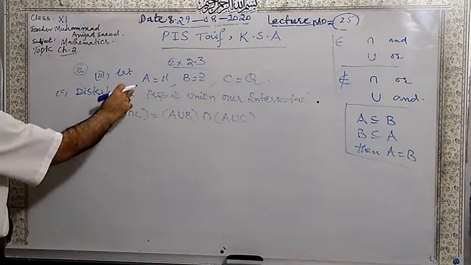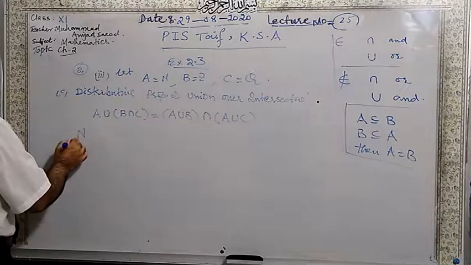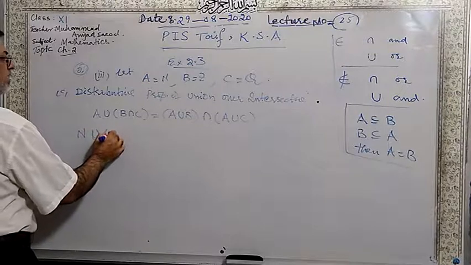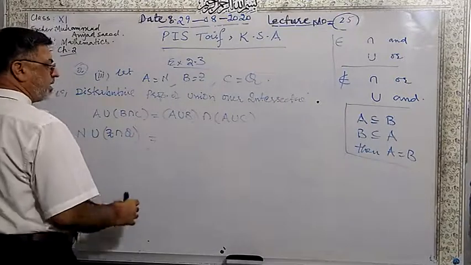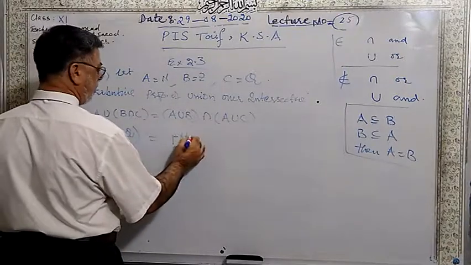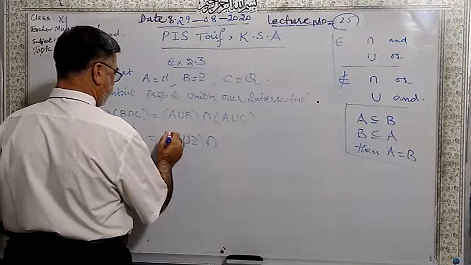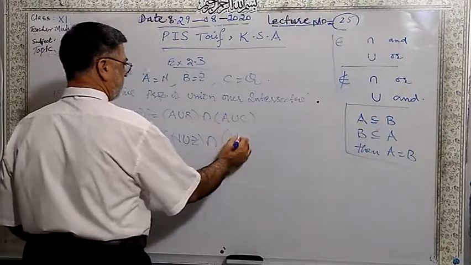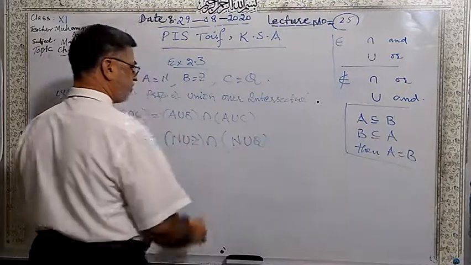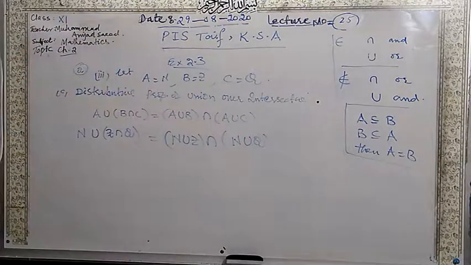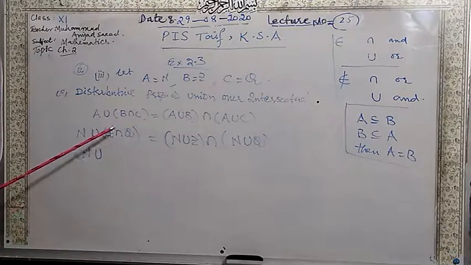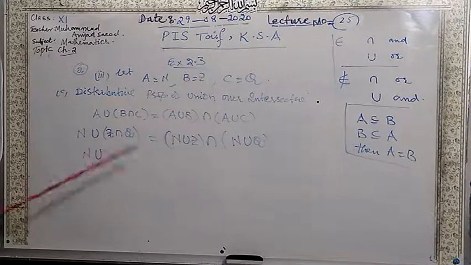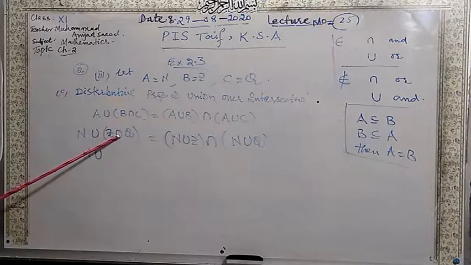Now we will apply the values in the same way. N union Z intersection Q is equal to N union Z intersection N union Q. Here N union, here is Z intersection Q. Remember that the set of rational numbers Q is bigger than that, and this is the intersection.